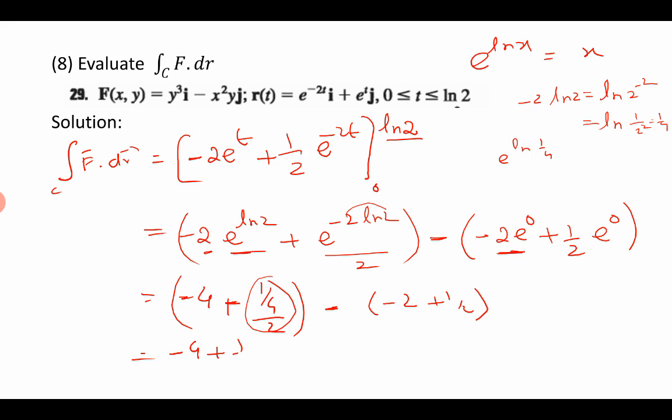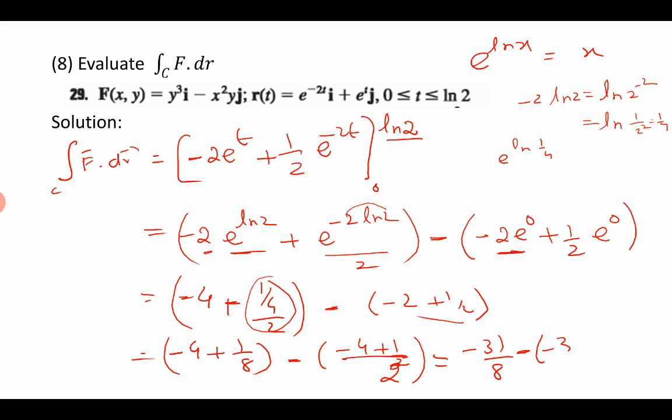Minus 4 plus 1 over 8, minus, minus 2 plus 1 by 2. Minus 32 plus 1, minus 31 by 8 is the first term, minus 3 by 2. And the answer is minus 19 over 8. End of this problem.